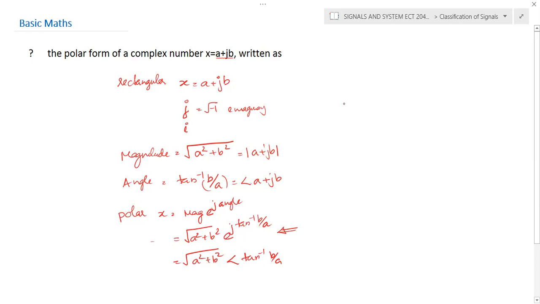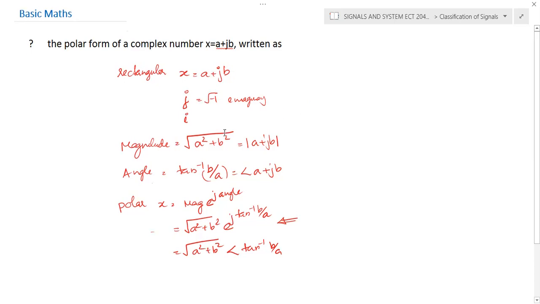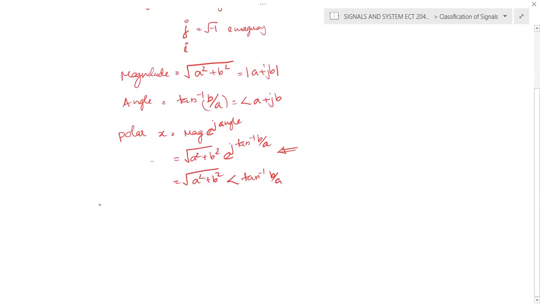Okay, we'll take one example. Assume that x is equal to 1 minus j2. I need to convert it into polar form. First I need to find the magnitude. The magnitude is equal to root of 1 square plus minus 2 the whole square, that is a square plus b square. Here b is minus 2.